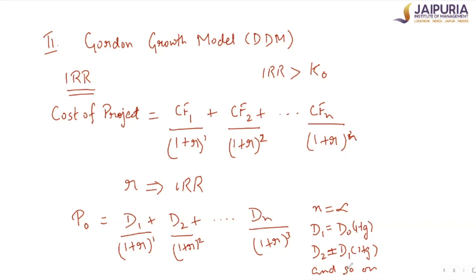Which concept of time value of money can you see here? Growing perpetuity. So straight away this can be derived to the last level of the formula that we have seen earlier, present value of growing perpetuity. If you remember, this was present value equals CF1 upon (R minus g).